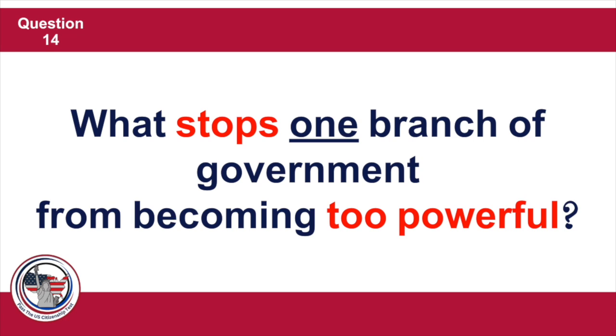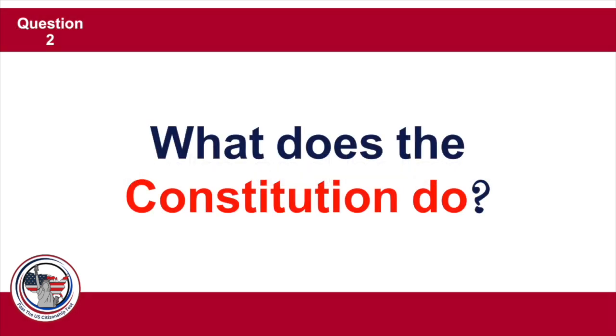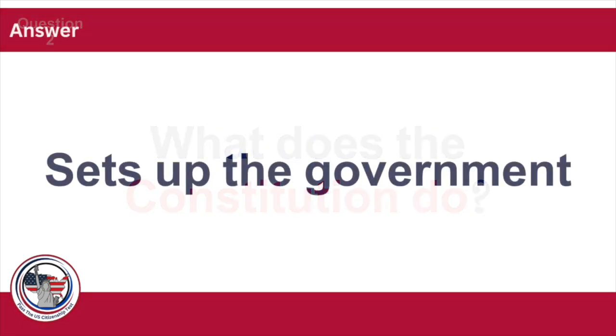What stops one branch of government from becoming too powerful? Checks and balances. What does the Constitution do? Sets up the government.